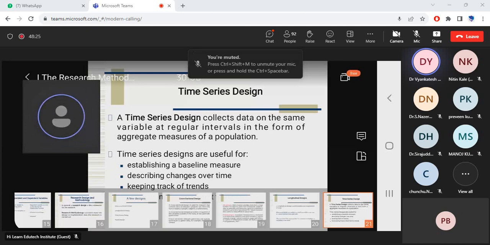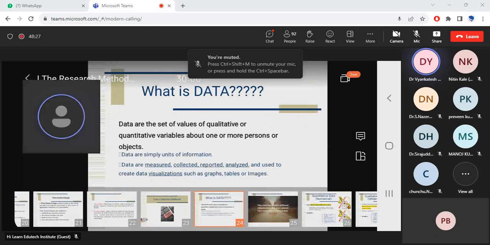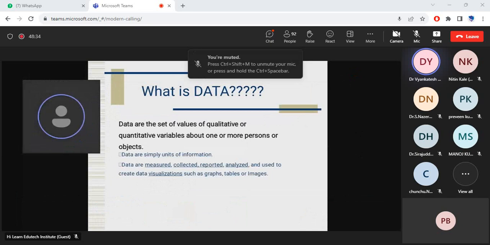Data is a set of values of qualitative or quantitative variables about one or more persons or objects. Data are simply units of information. Data is measured, collected, reported, analyzed, and used to create data visualizations such as graphs, tables, and images.